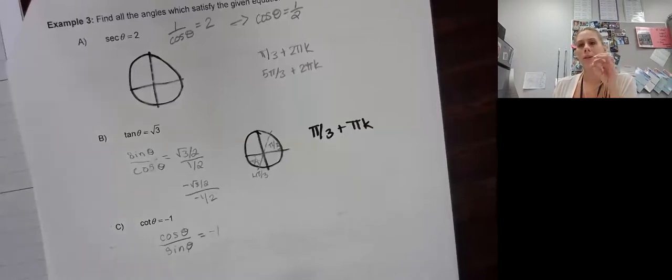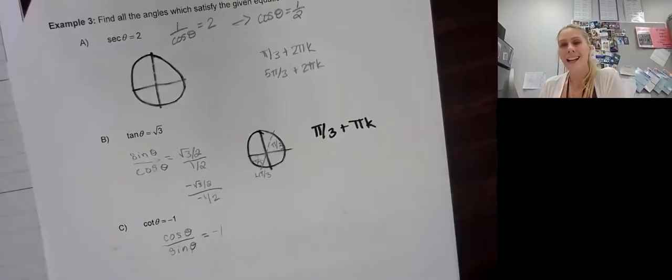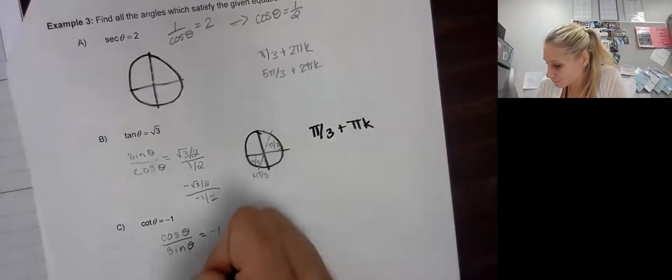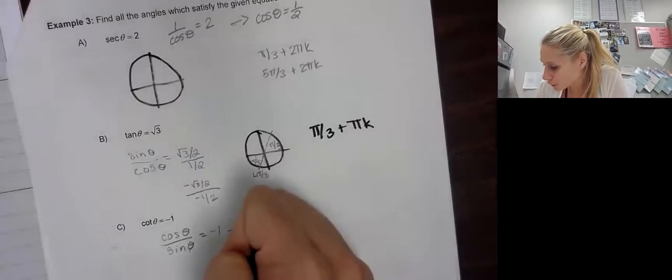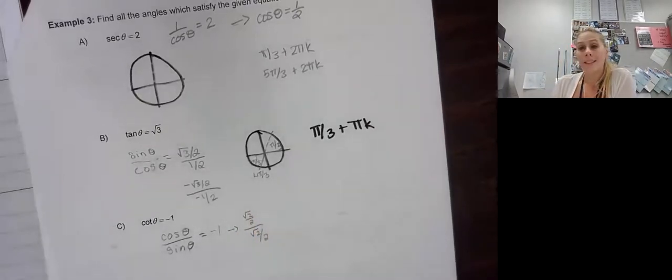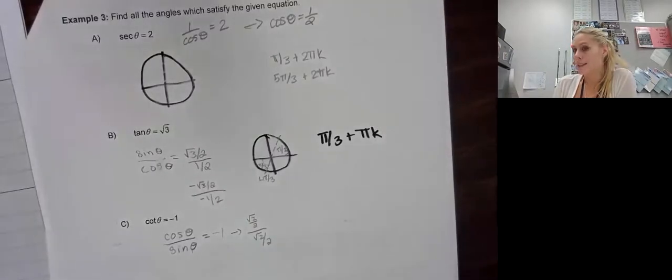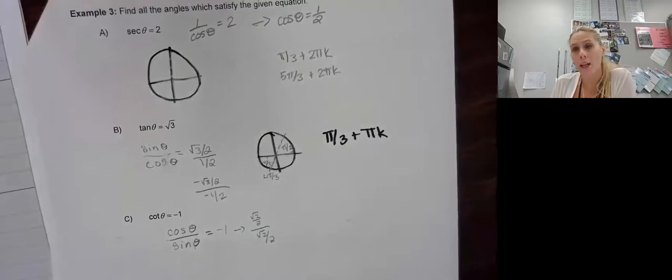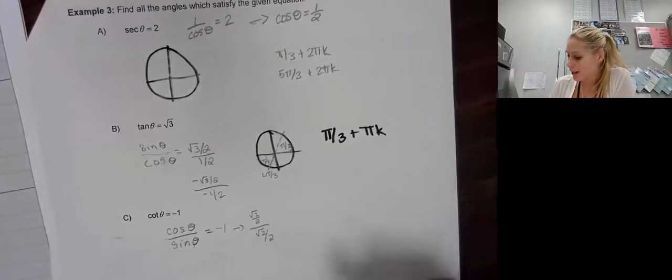So where in the unit circle can we have sine and cosine be the same value? Well, that's at our 45s, right? Our pi over 4s, so we get the square root of 2 over 2 all over the square root of 2 over 2. Now, we have a negative, though. Does it matter which one's negative? No, as long as they're not both negative.